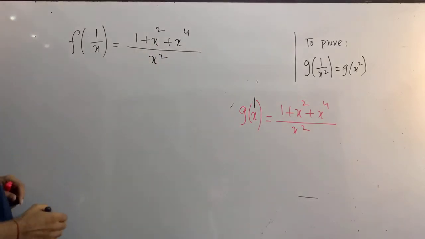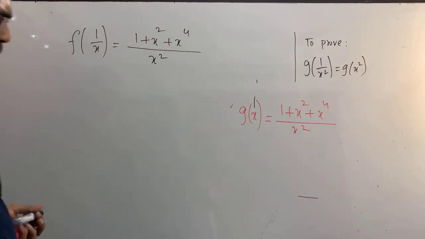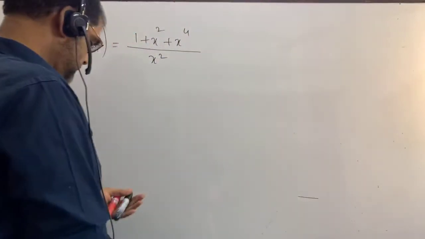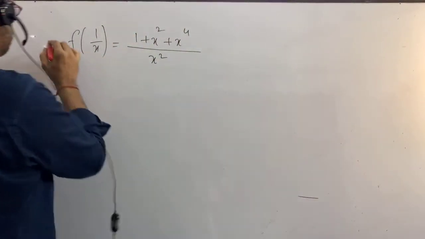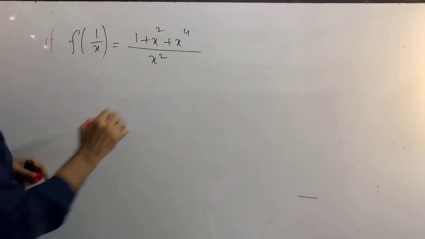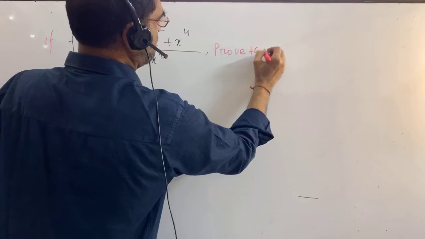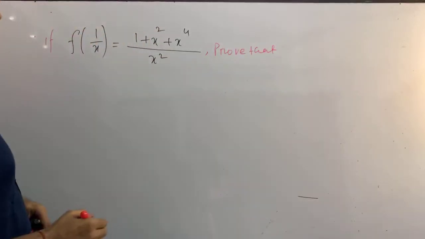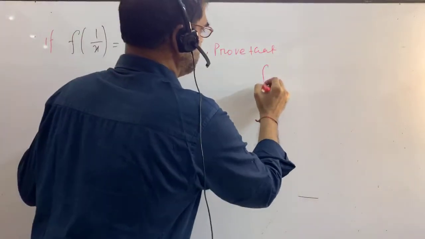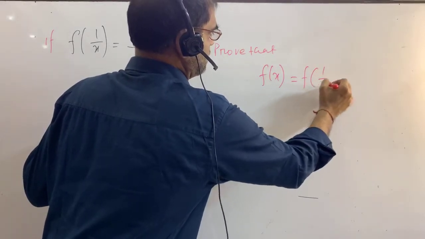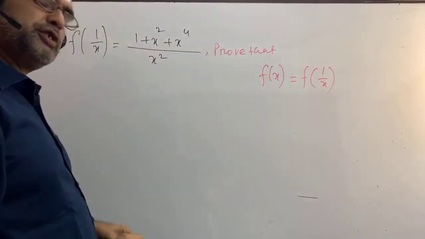If the math is given like this and you are told to prove that, now you have to prove that f of x equals f of 1 by x.